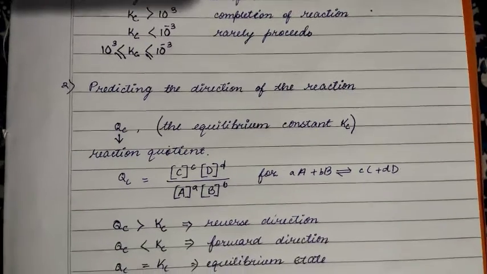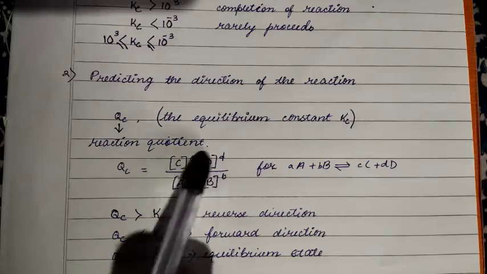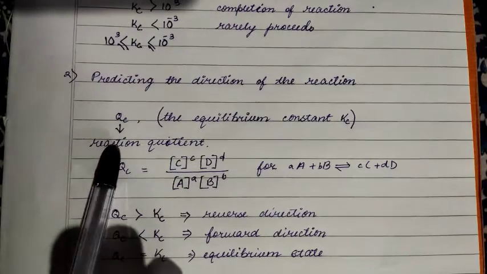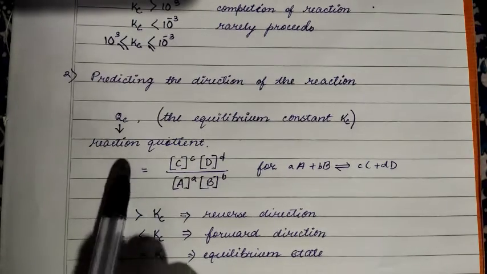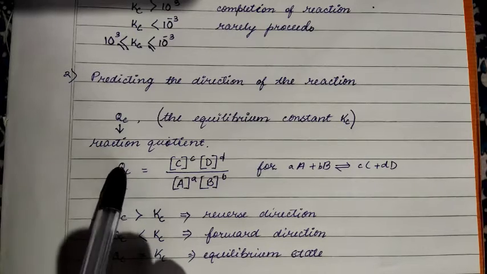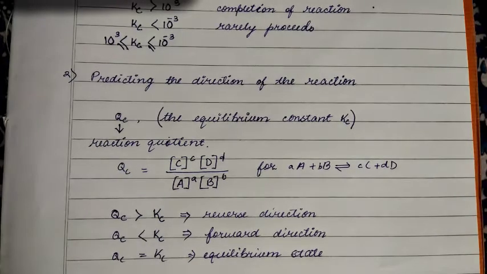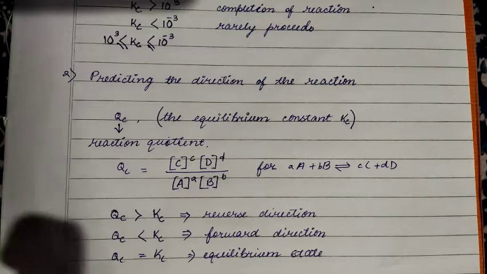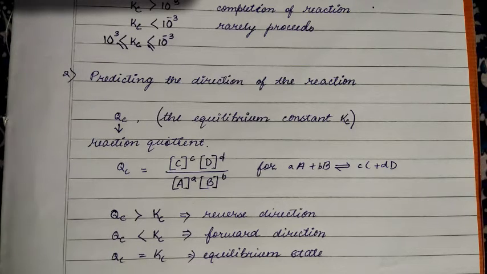That's it. So we have a similar formula for QC, the reaction quotient, because to calculate QC you can choose any point of time during the whole course of the reaction. At a certain point you might get QC becoming equal to Kc, that is the point of equilibrium.